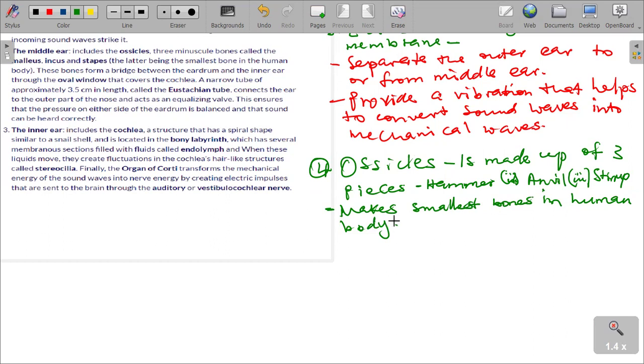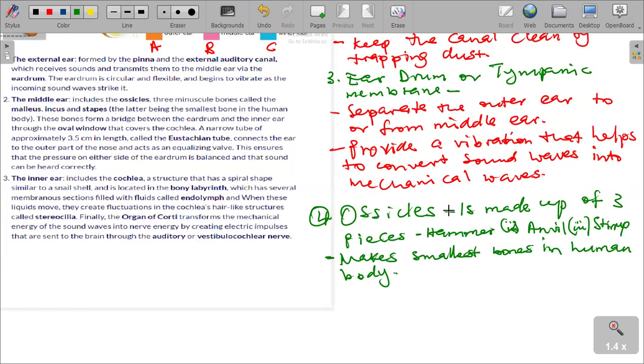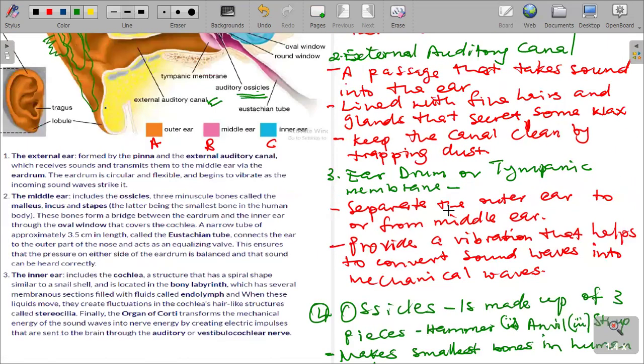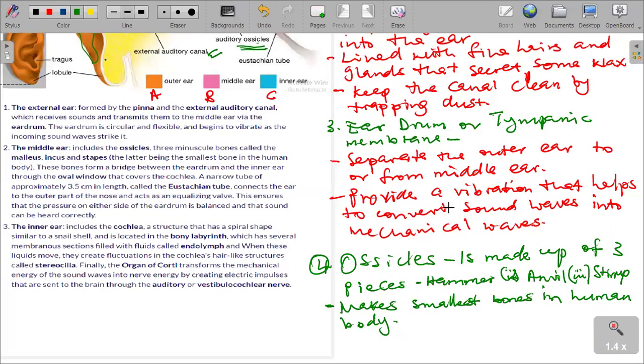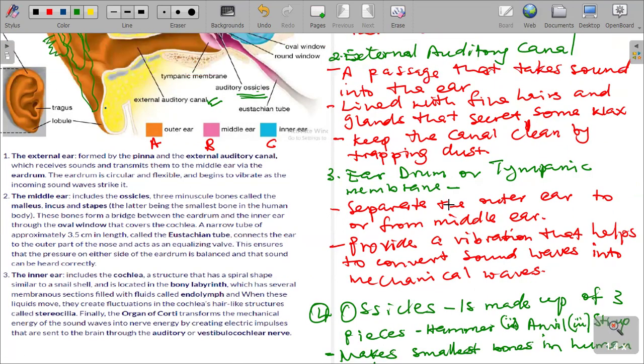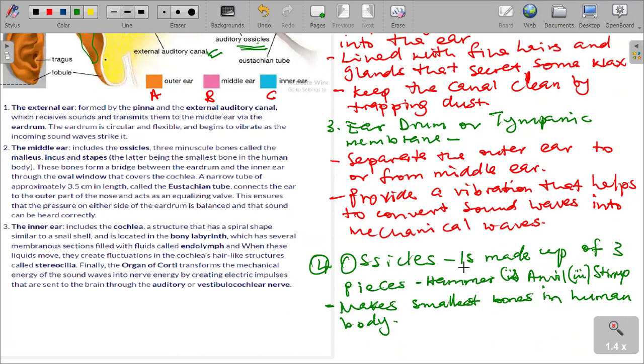The smallest bones in the human body are made up of the ossicles. The ossicles form the smallest bones in the human body, and the smallest one among them is the stirrup. The stirrup is the smallest, which forms the smallest bone that we are talking about.